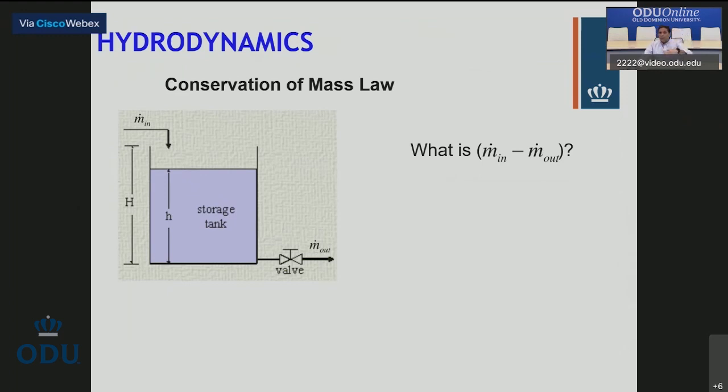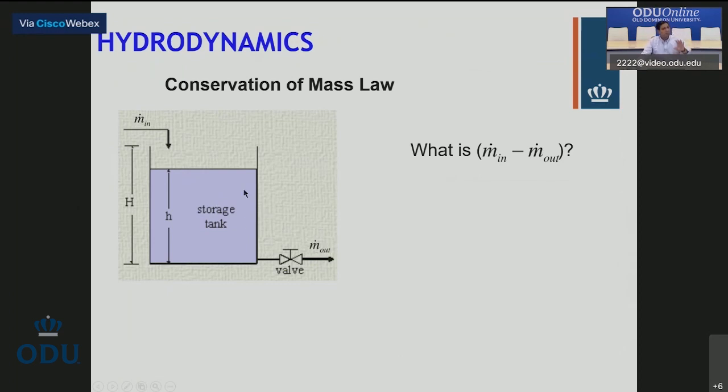And if the one on the right is larger, then this level will get lower and lower, again, with time. And what if m dot in is equal to m dot out? If these two are equal, then nothing will happen to the stored mass. It will remain the same. If I had 3 gallons of water, I will keep 3 gallons of water the whole time as long as m dot in is equal to m dot out.